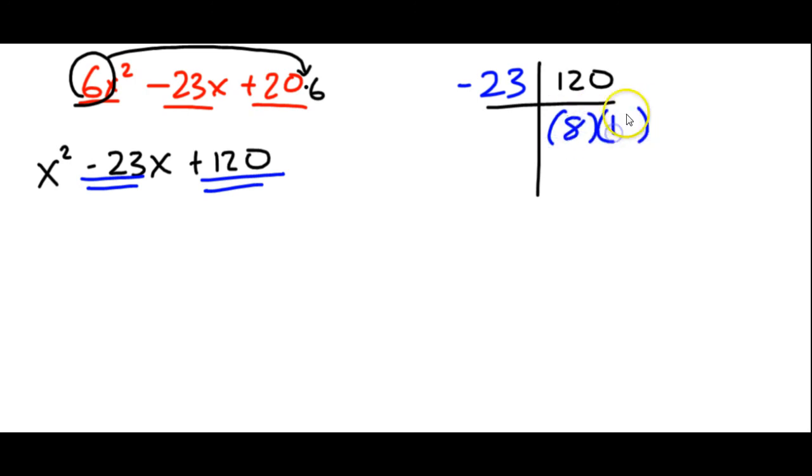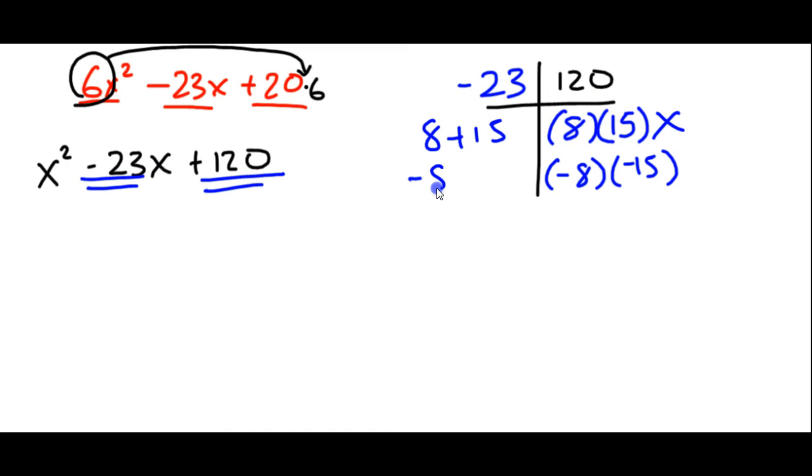Let's try 8 and 15. 8 and 15 do give you 120, but 8 plus 15 gives you a positive 23, so this doesn't work. We need something else. Let's try negative 8 and negative 15. This still gives you positive 120, and negative 8 plus negative 15 does give you negative 23, so we're good to go.